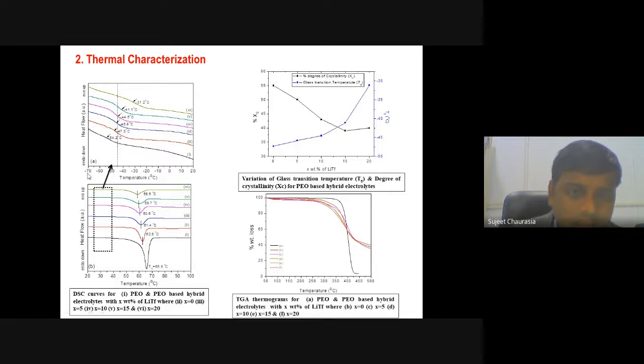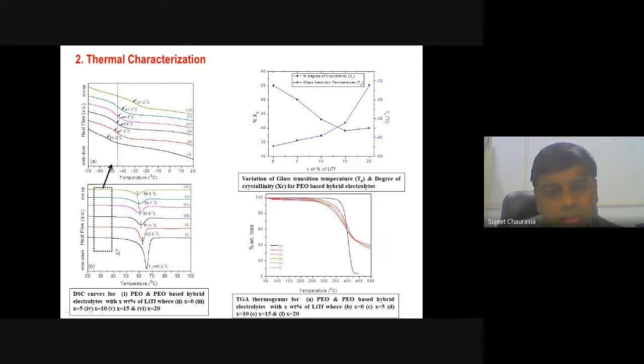Here we can see that the pure PEO has a melting peak at approximately 65.8 degrees centigrade, which is shifted to lower temperature region after the incorporation of different amounts of the lithium salt, and this shows that the flexibility of the hybrid electrolyte membrane increases with increasing salt concentration, and hence gives more conducting sample at higher salt loading.